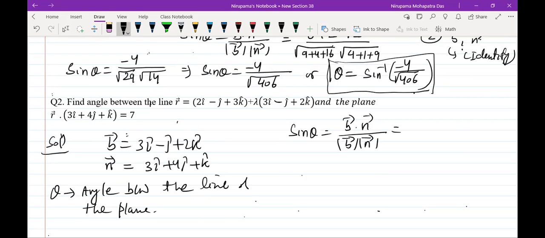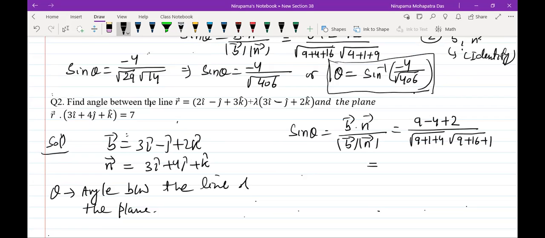So quickly, b dot n is 3 into 3, 9, then minus 4 plus 2, divided by under root 9 plus 1 plus 4, and here it is root of 9 plus 16 plus 1.